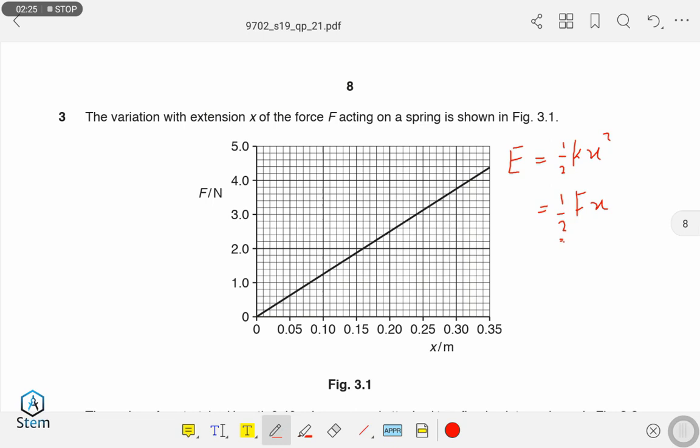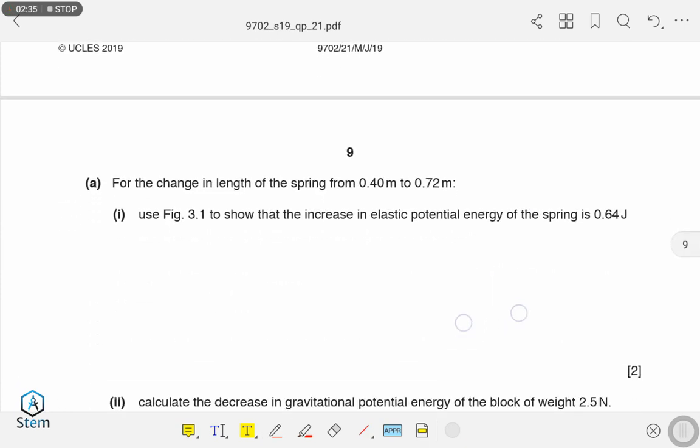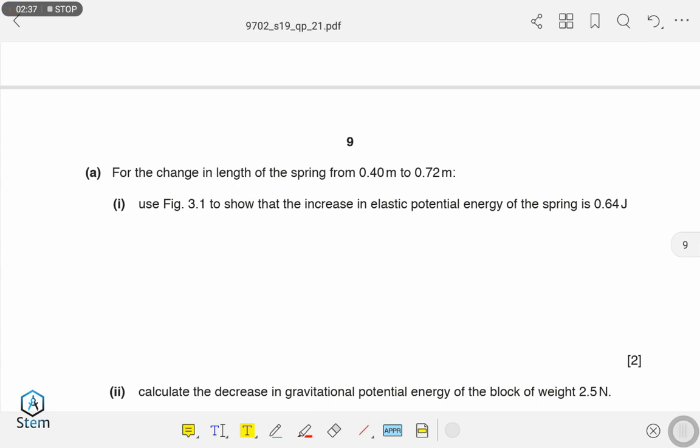So let's use the area under the graph. Let me just check the points which we are using. So from 0.4 meters to 0.72 meters. Okay.